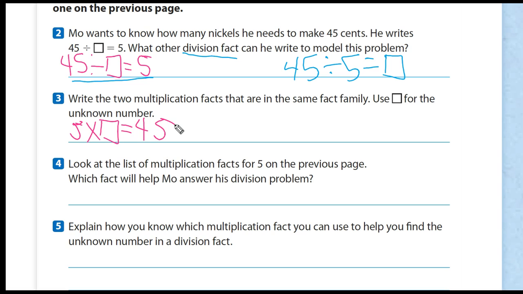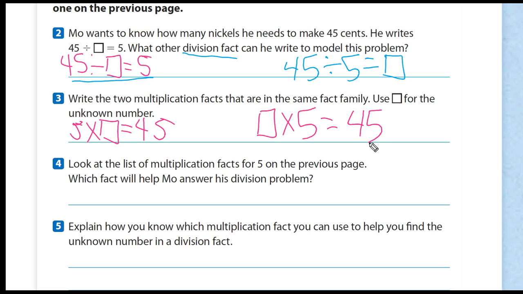Aubrey? Okay, I need a multiplication sentence. We wrote 5 times blank equals 45. What's another way to write it? Dina? So I'm going to use a square: the unknown number times 5 equals 45.